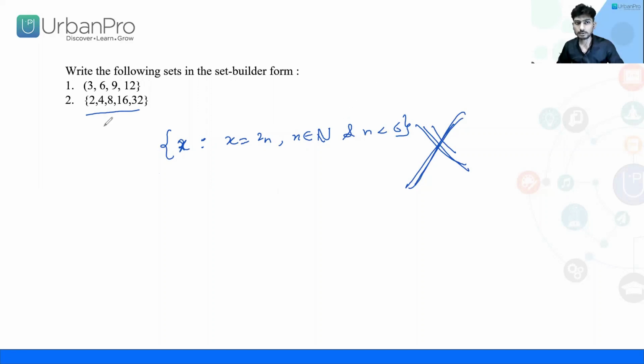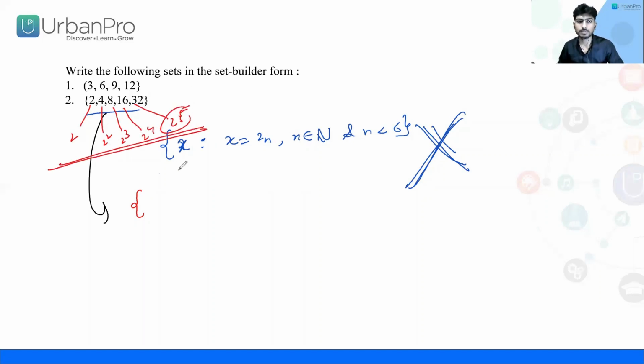This can have a different form, like as I am writing here. See, each object or each element is a power of 2. See very carefully. It is 2, it is 2 square, it is 2 cube, it is 2 to the power 4, it is 2 to the power 5. Okay, see this now, 2 to the power 5. So you can represent like x, x such that x is of the form 2 to the power n, where n belongs to natural number and n is less than 6.